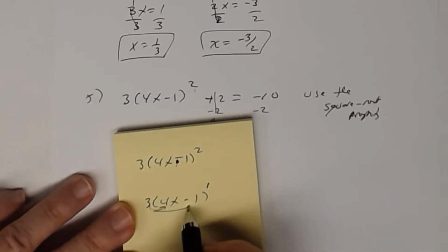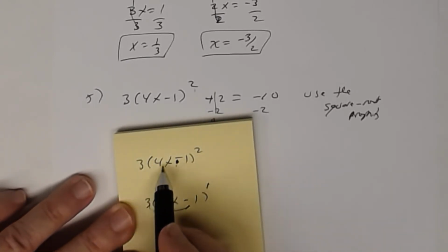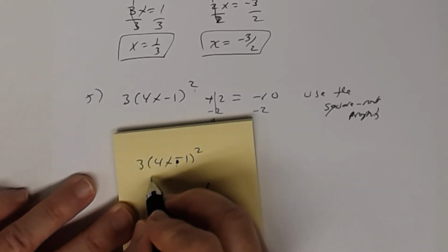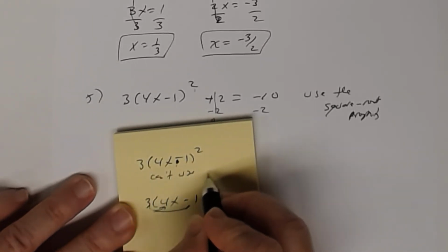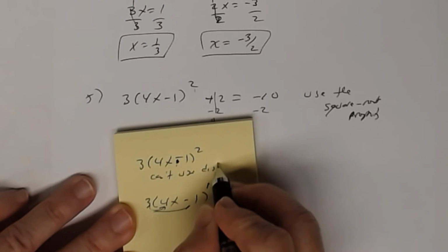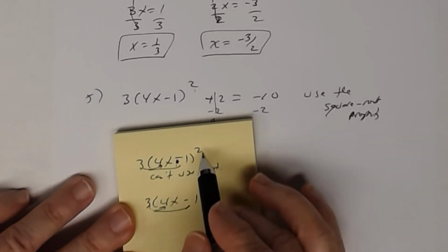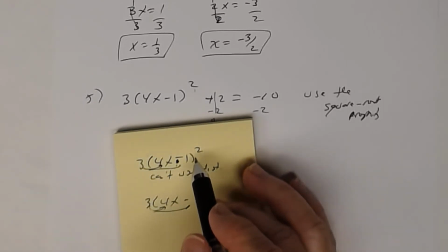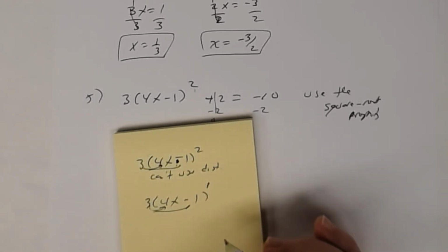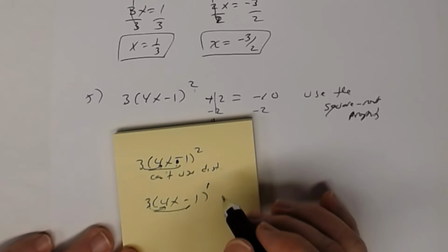Then you can use a distributive property. You cannot use a distributive property here. So can't use the distributive property. So in other words, you cannot multiply both of these by 3. That's incorrect because you're squaring this. All right? So you have to be careful.